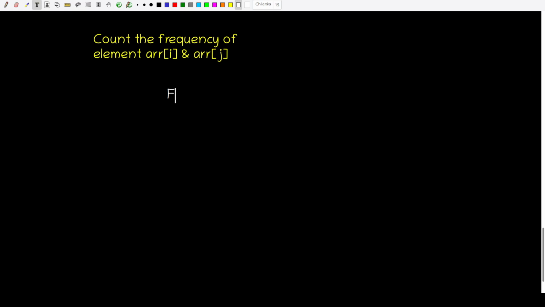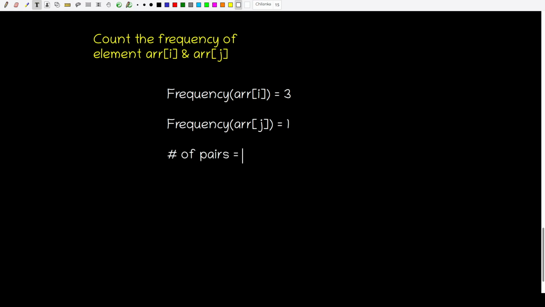Let us assume in our previous example, the frequency of arr[i] is 3 and the frequency of arr[j] is 1. So the number of pairs we will get is 1 into 3, which is equal to 3.